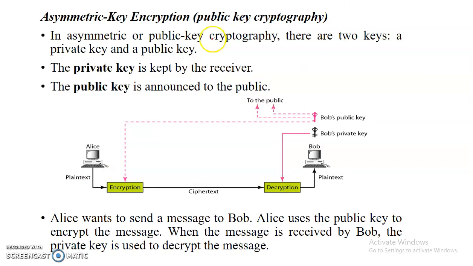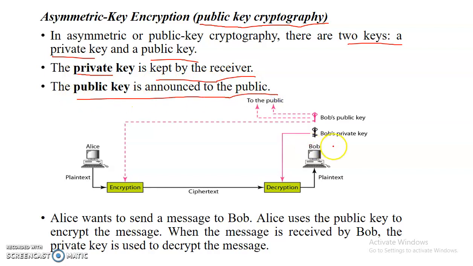In case of asymmetric key, we have public key cryptography. We are using two keys, one a private key, the second a public key. The private key is kept by the receiver and the public key is announced to the public. That means the receiver announces the public key to the public.